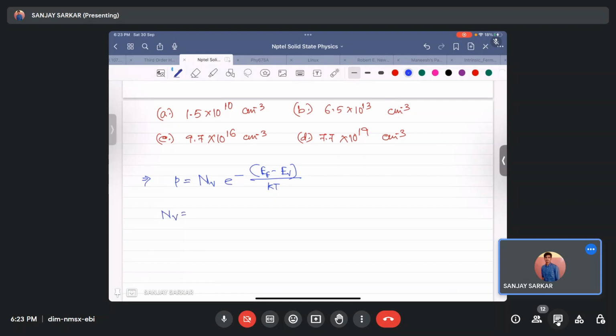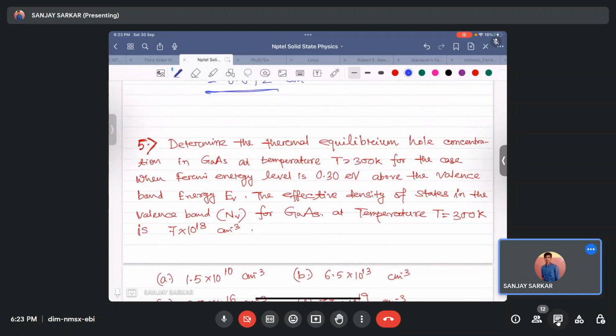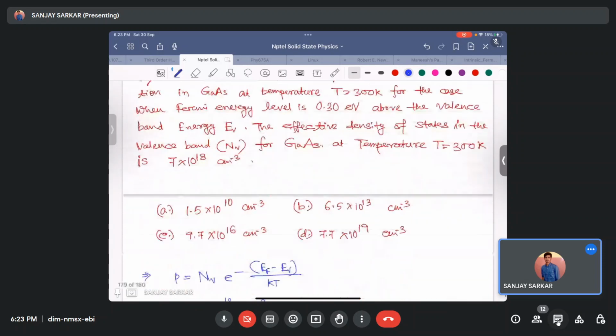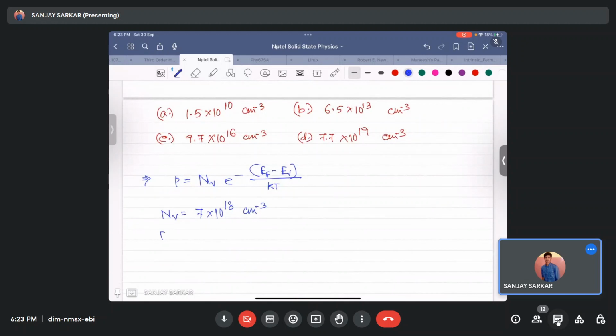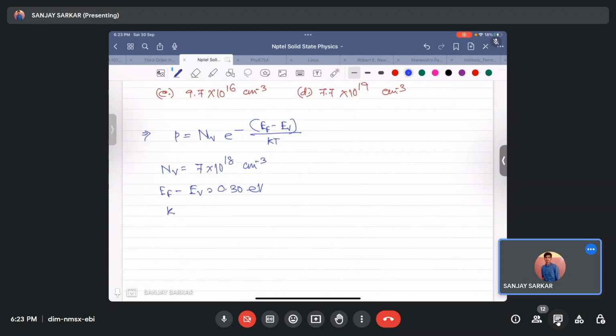NV is 7 into 10 to the power 18 centimeter cube inverse, and the question says that the Fermi energy level is 0.30 electron volt above the valence band energy EV. So EF minus EV is 0.30 electron volt, and kT is 0.026 electron volt for 300 Kelvin.